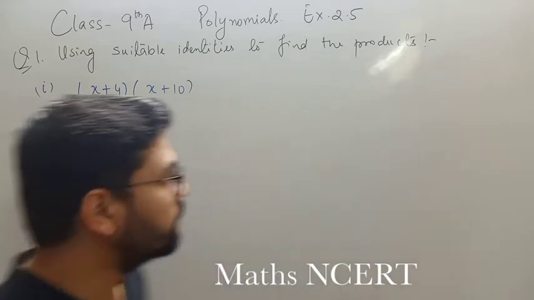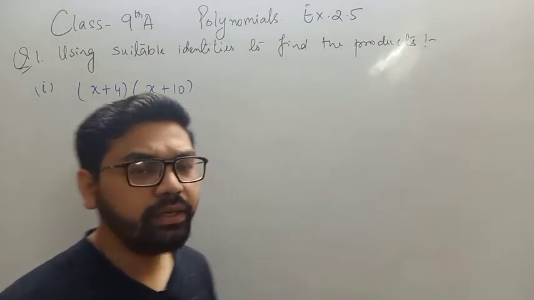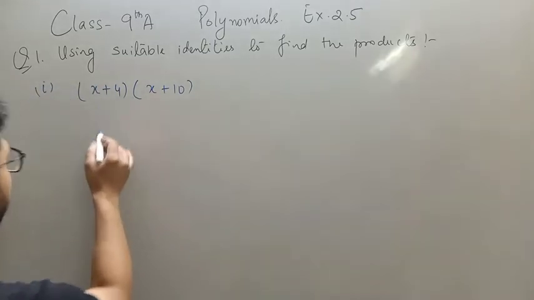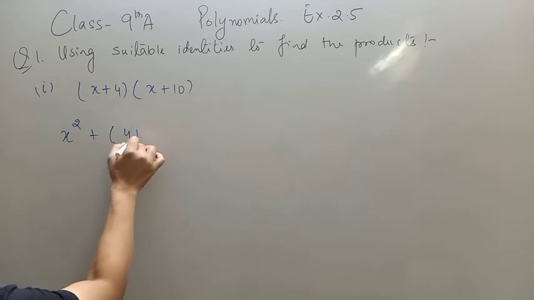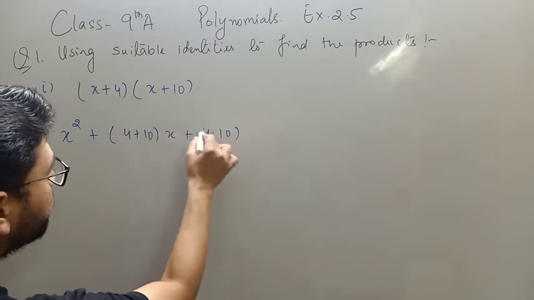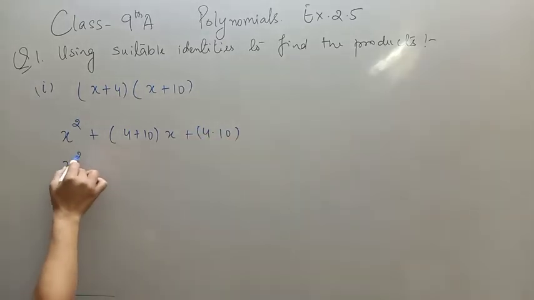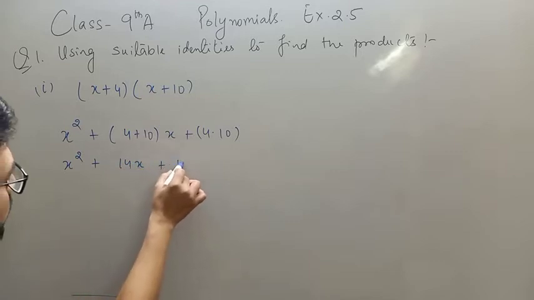If you remember, I gave you one property in the last class, identity number 4, so you can simply write x square plus (a plus b)x plus a into b. Here that is x square plus (4 plus 10)x plus 4 into 10, so x square plus 14x plus 40.